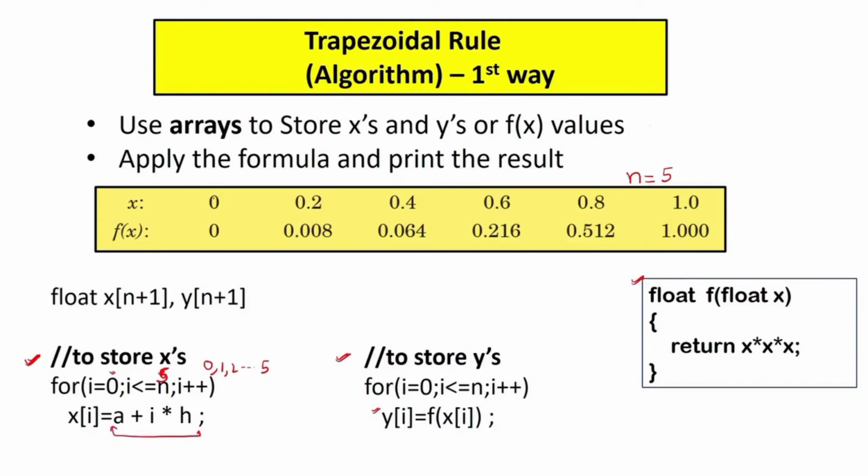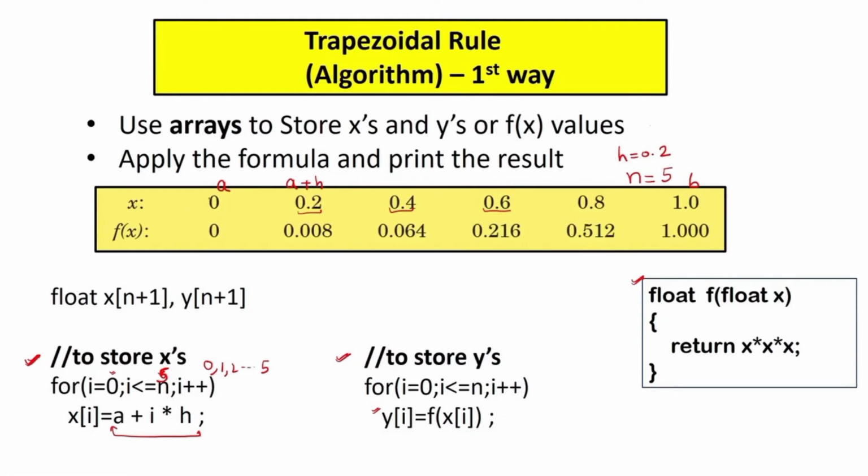You can see that this 0 was actually a and this 1.0 was actually b, and these 0.2, 0.4 all are at a gap of h. That means this 0.2 is actually a plus h. So a is 0 and the value of h we calculated as 0.2.